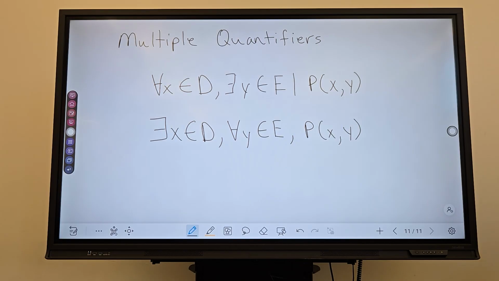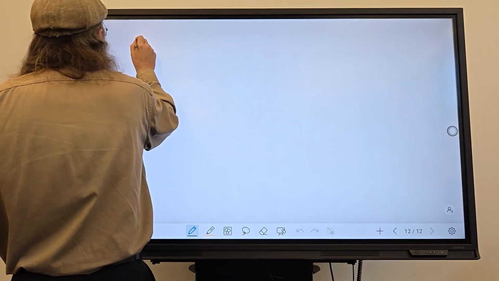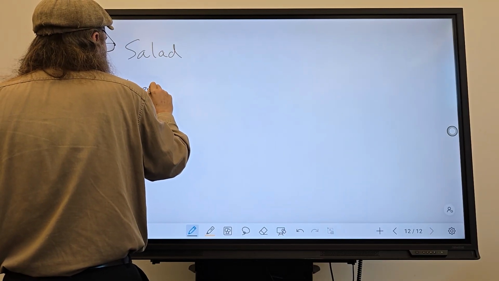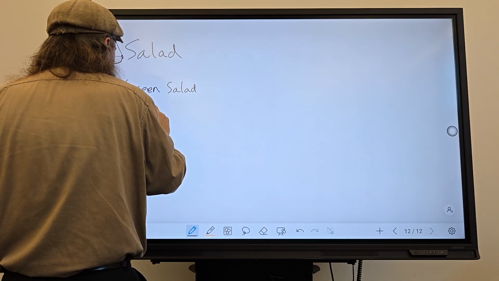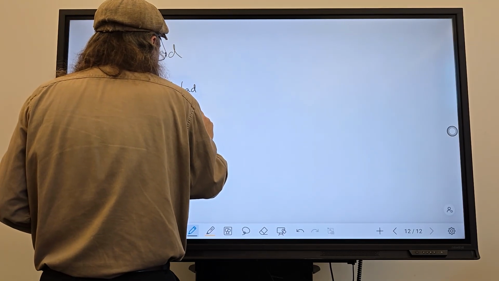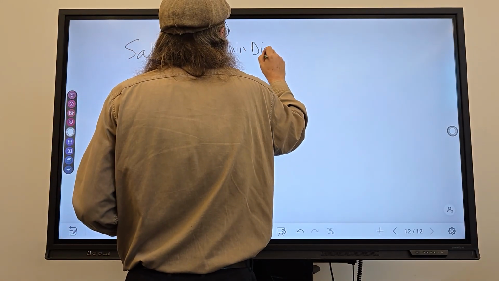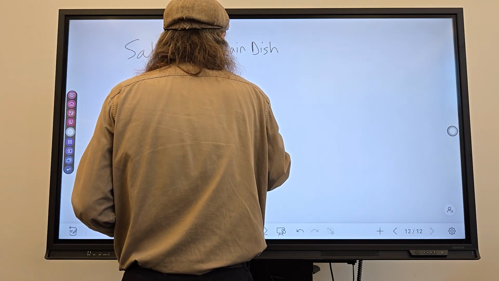Now, you're going to have a little bit more complex example. Okay. Cafeteria line has 4 stations. Salad, which has green salad and fruit salad. Main dish, which is fish or spaghetti.